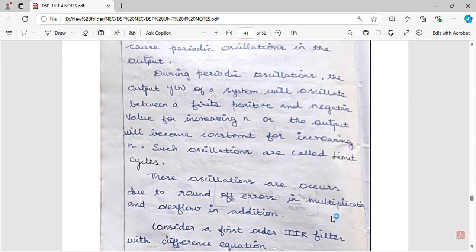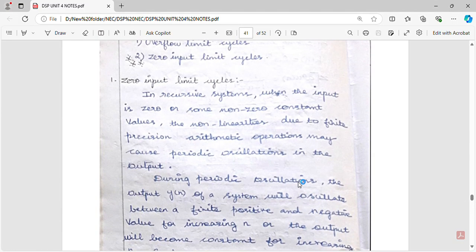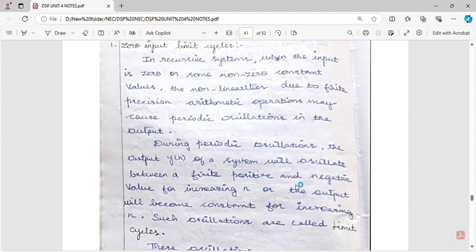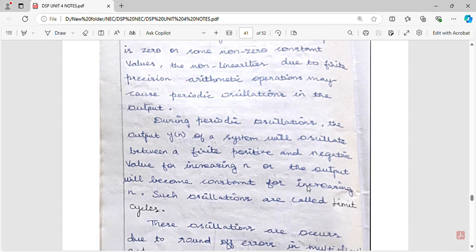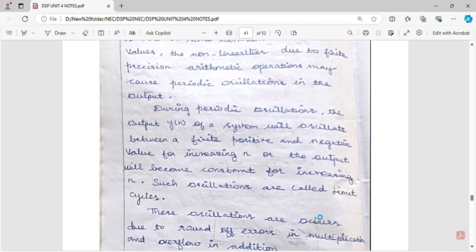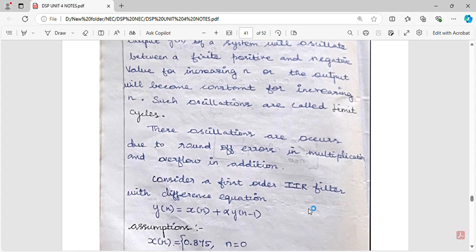Due to some of these oscillations, the system output will oscillate between some positive and negative value. For that, the zero input limit cycle oscillations occur.